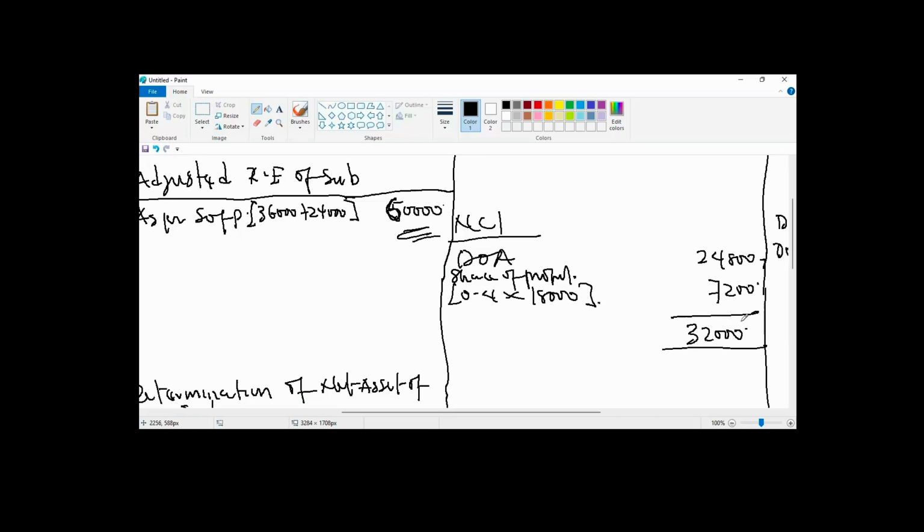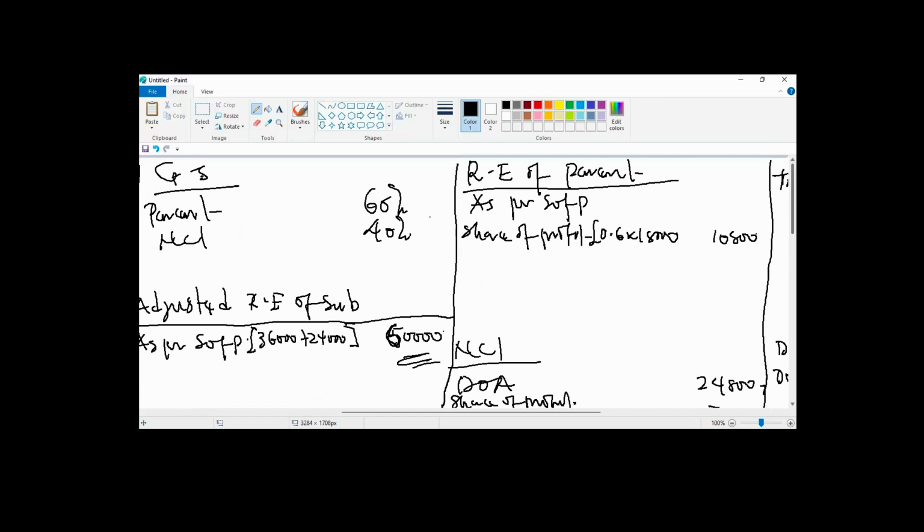As per SOP, what was the return of the parent? $77,000.